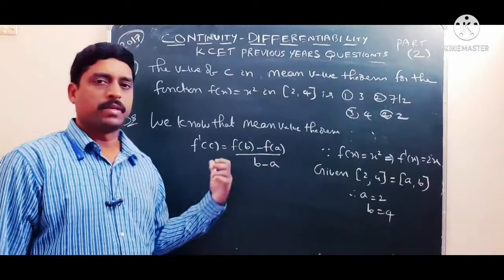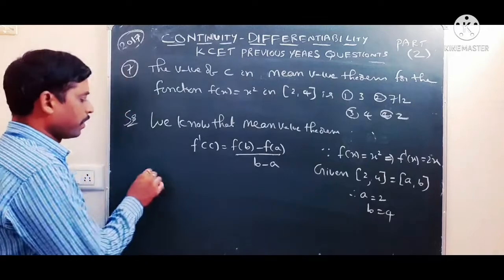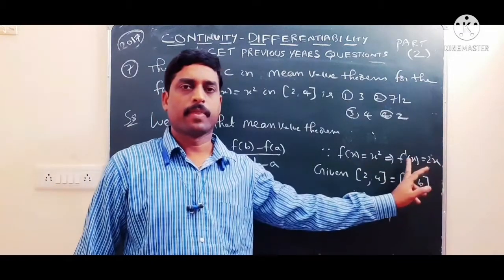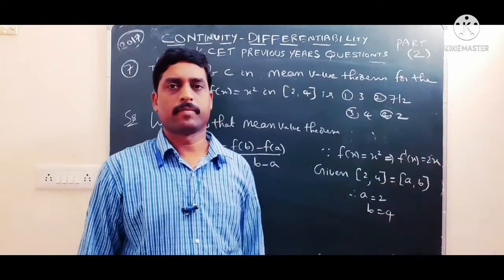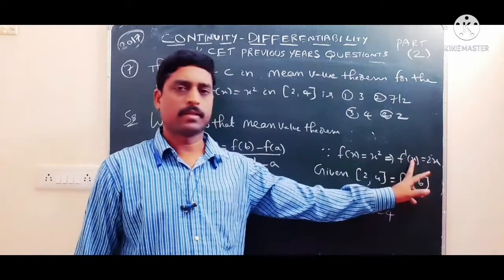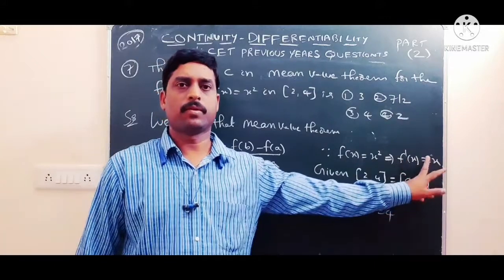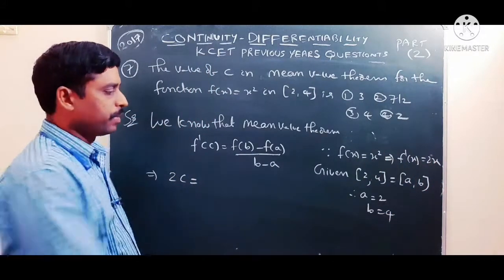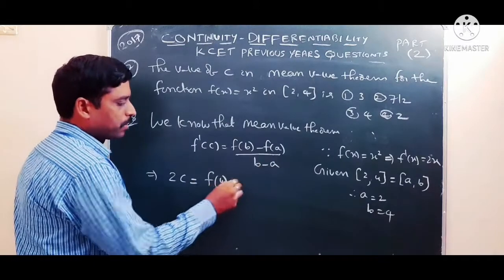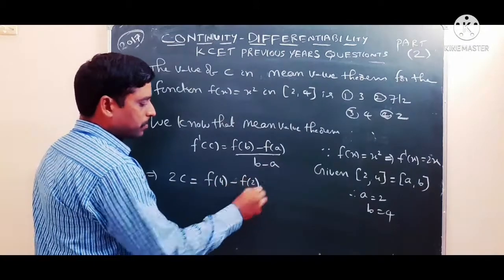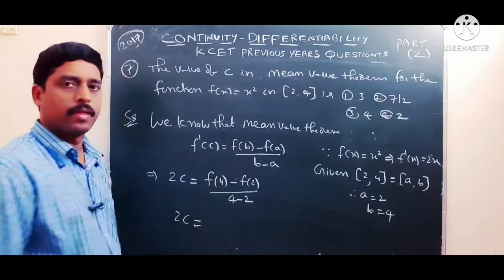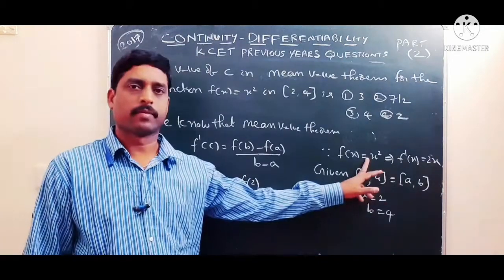Now substitute all values in this formula. f dash x is equal to 2x, so f dash c is equal to 2c, putting c in place of x. So 2c is equal to f of b, where b is 4 and a is 2, by 4 minus 2.